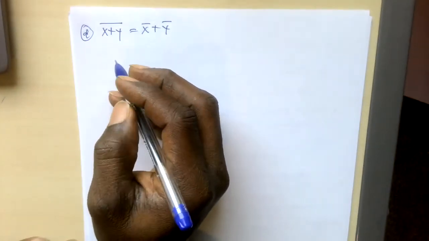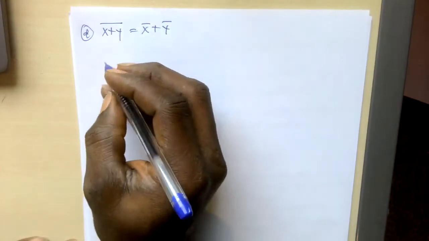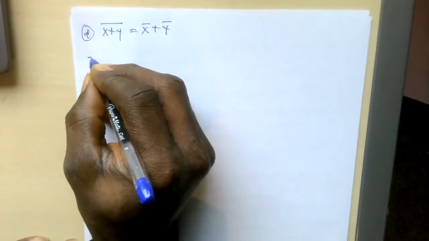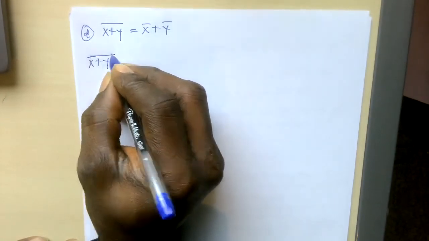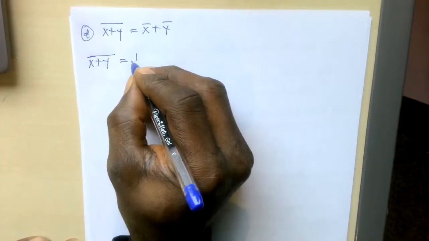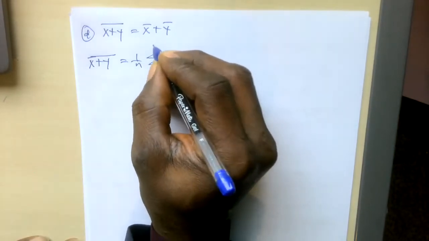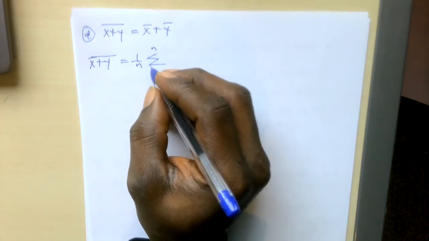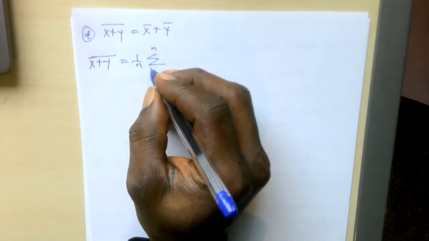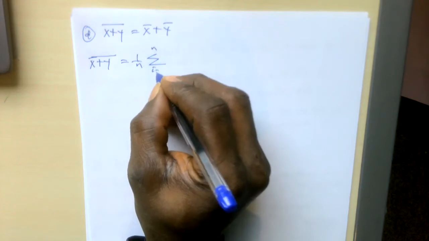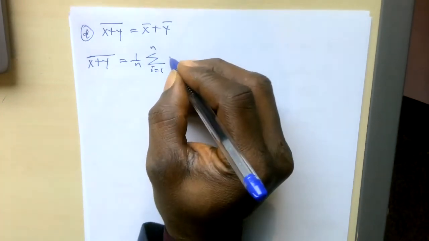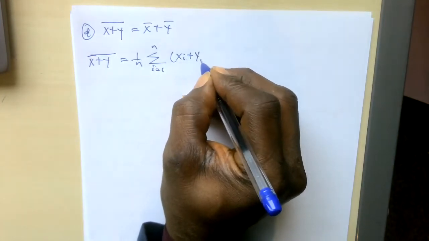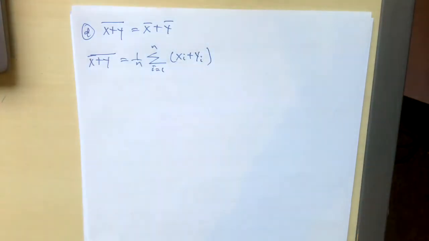So here we can expand both. Let's expand this guy. This means 1 over n summation of xi plus yi, that is summing both of them from 1 to n. N is the sample size, right?